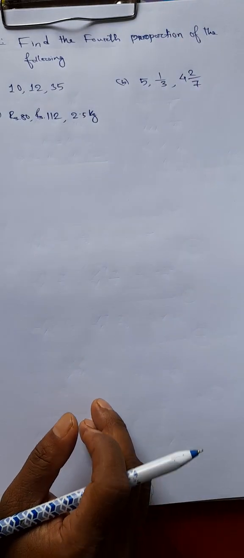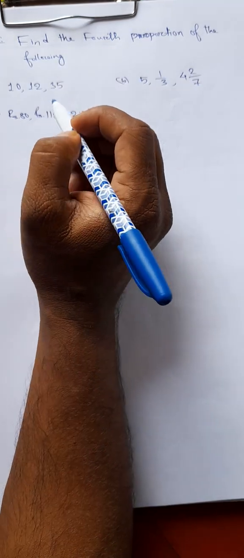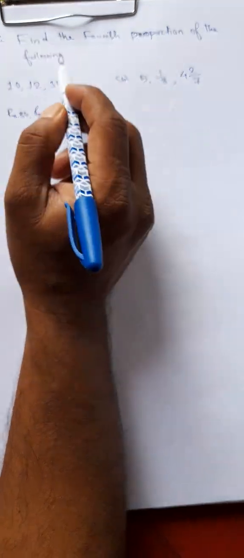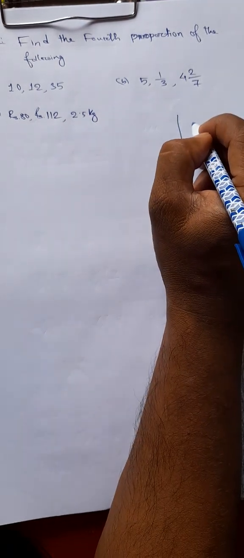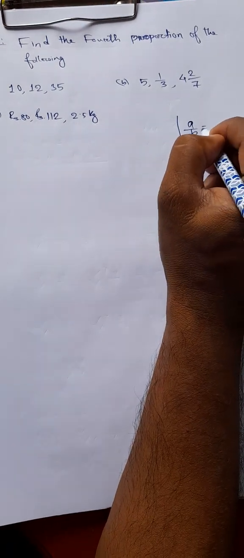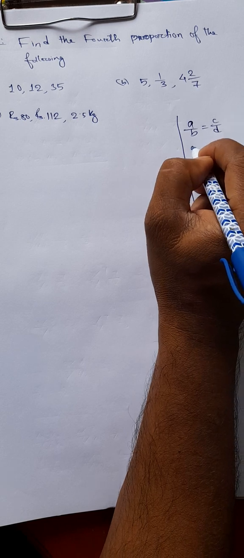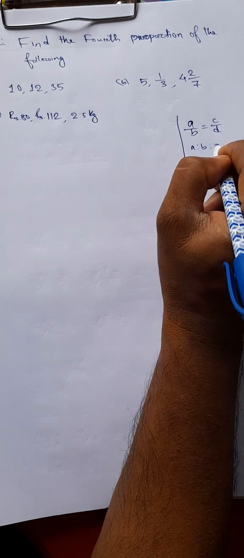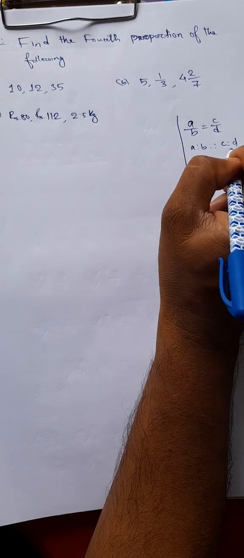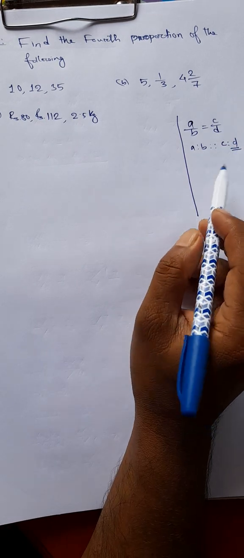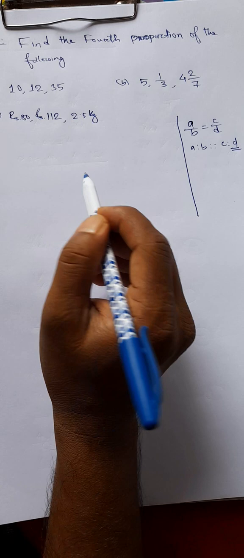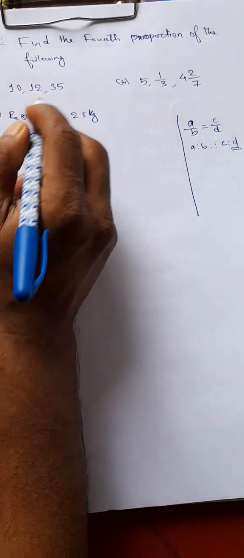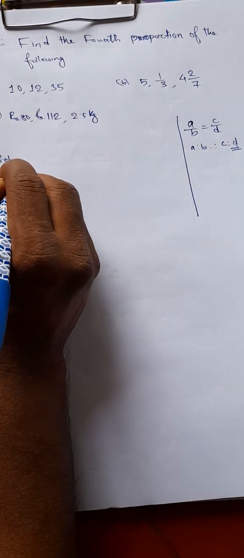Now let's solve this. Find the fourth proportion of the following. Now what is fourth proportion? We say if A by B equals C by D, or A is to B proportional to C is to D, then D is called fourth proportion, C is called third proportion, B is called second proportion. Now you have to find D here.